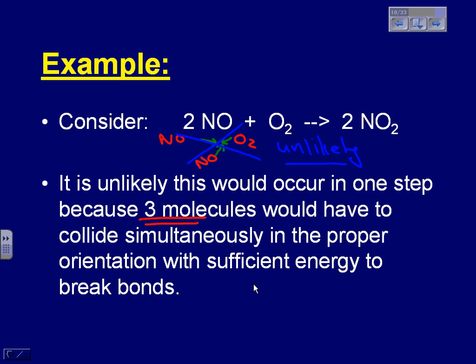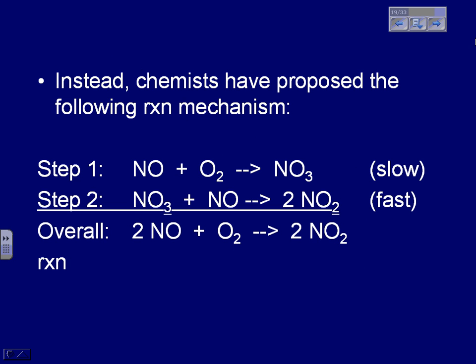And so we need to now think of a mechanism. What's actually happening in this particular reaction? So here's a proposed mechanism. Again, this is theory. Chemists sit down, they start thinking, what do we think is happening here? What kind of reaction is happening? So here somebody's proposed a particular mechanism. Here we've got one of the NOs reacting with an O2 to produce something called an NO3.